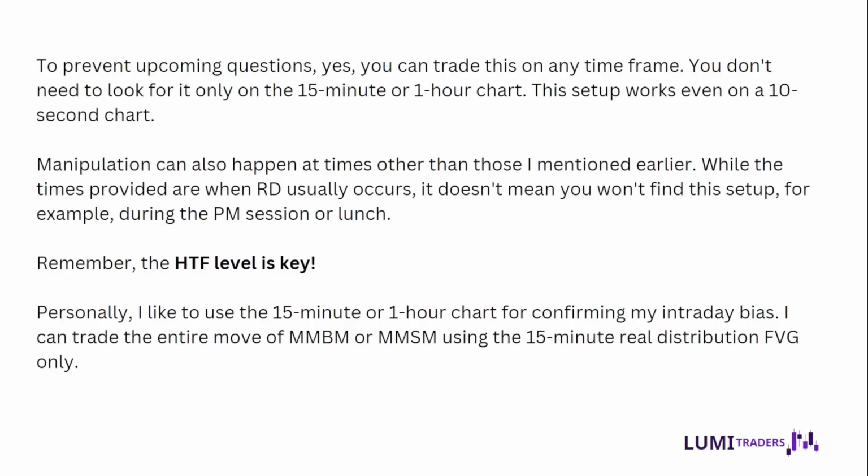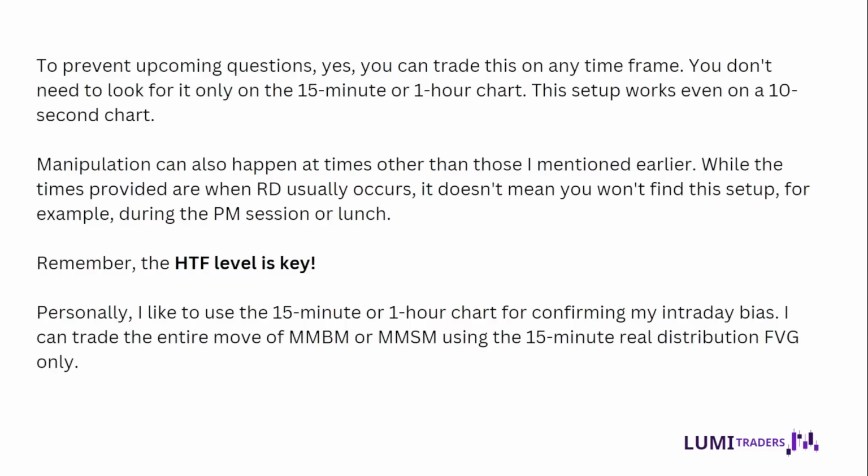Remember, the intermediate-term level is key to start the market maker model. And we want to trade real distribution to have just one entry for this entire market maker model. Personally, I like to use a 15-minute chart and 1-hour chart to confirm my intraday bias. I can trade the entire move of market maker buy model or sell model using 15-minute real distribution fair value gap only.